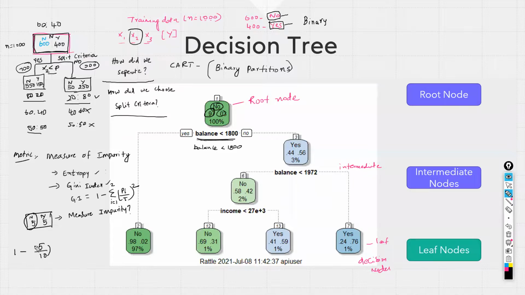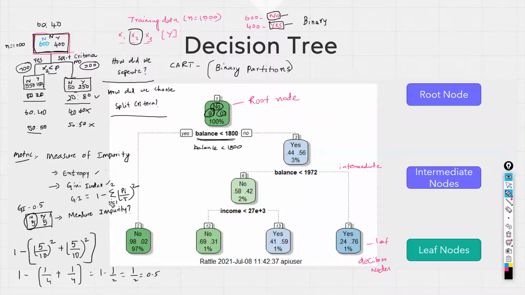So 5 by 10 whole square minus, again, we have 5 observations for the next class. So 5 by 10 whole square. So that is like 1 minus 1 by 4 plus 1 by 4, which is like 1 minus 1 by 2, 0.5. So for this node, the Gini index says it is 0.5.